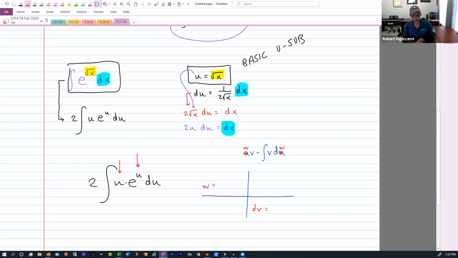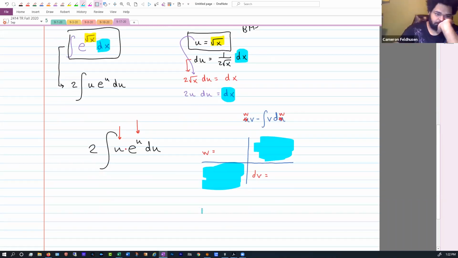So e to the u, if we do that, then in the new integral, you need to think about what v is going to be. 1 over 2 times u squared. Okay, that's what will be in the top right-hand corner. That would be v. And if we let w be the e to the u, the derivative of that would be e to the u, right?